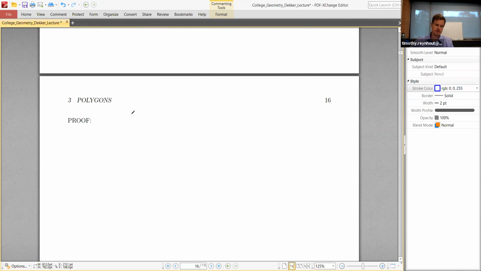So if we wanted to look at the proof that the sum of the angles is 360 degrees, what we would want to do is first consider the generic n-gon. So if I were to look at an n-gon, let's create a nice picture here.